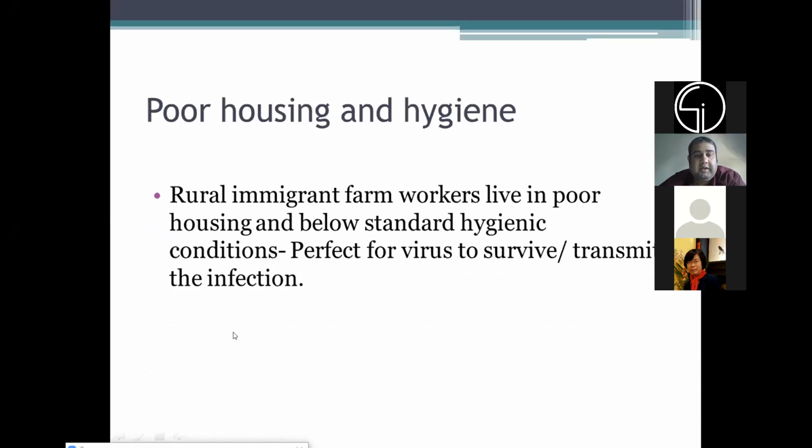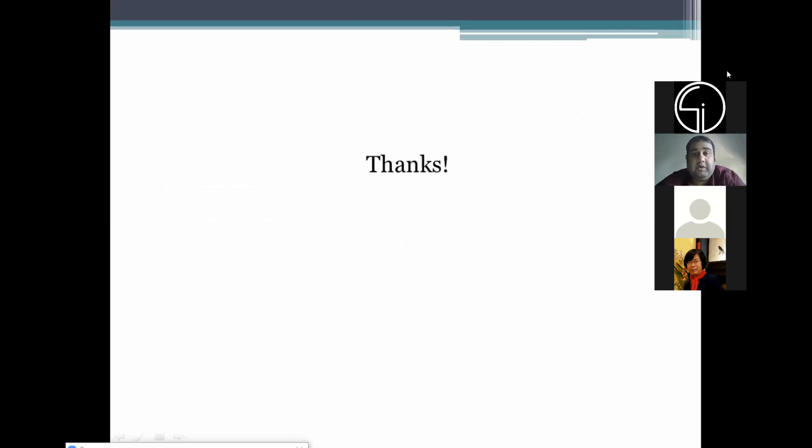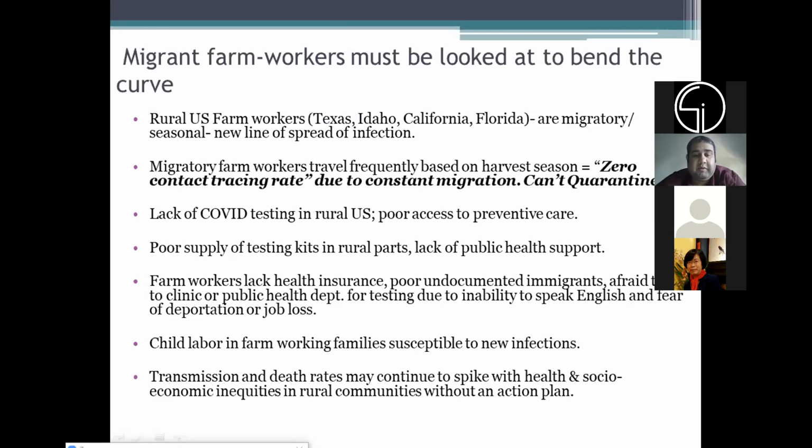As per CDC data in June, the last week of June, there have been 5,000 cases in the workers at almost over 100 meat processing and poultry plants in 19 states in the US, and most of them are again coming from farmlands or rural and remote areas. 86% of rural counties had at least one COVID-19 case. 1/3 of the rural counties had at least one COVID death. This is very recent data, starting first week of July itself.